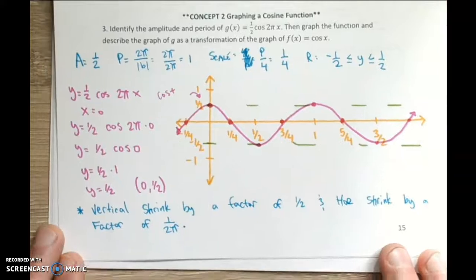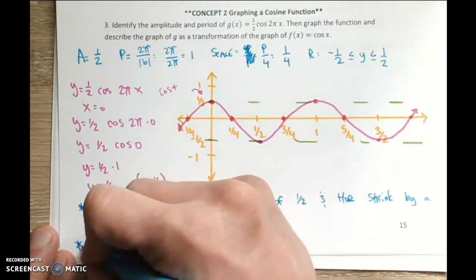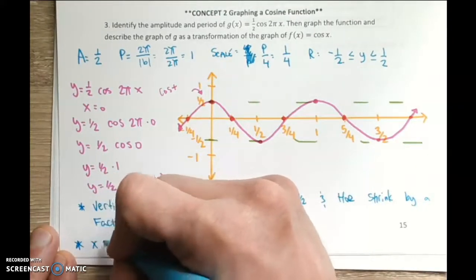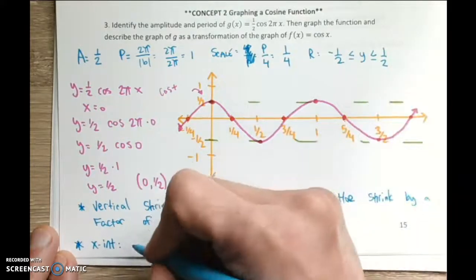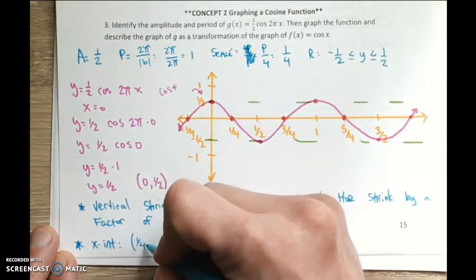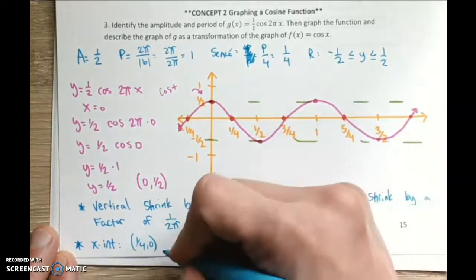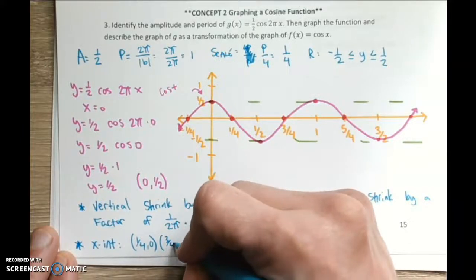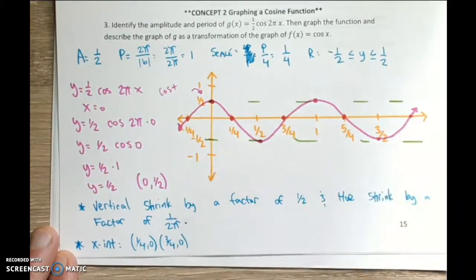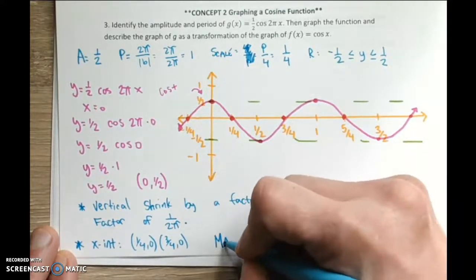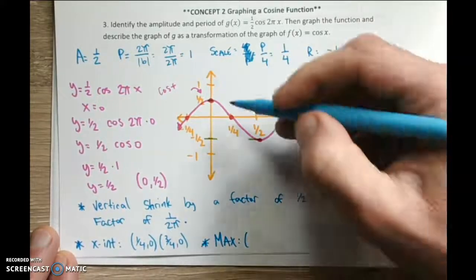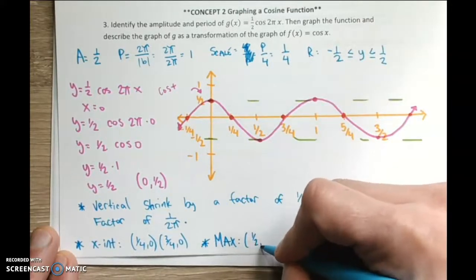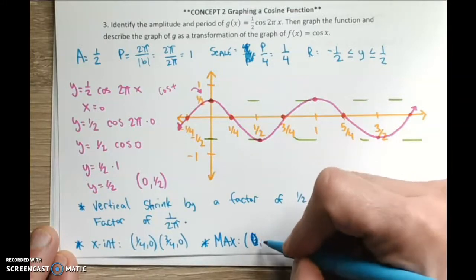Okay, then I have my x-intercepts, and that's going to be (1/4, 0) and (3/4, 0), and that's it. And then I have my max value, and that's at (0, 1/2).